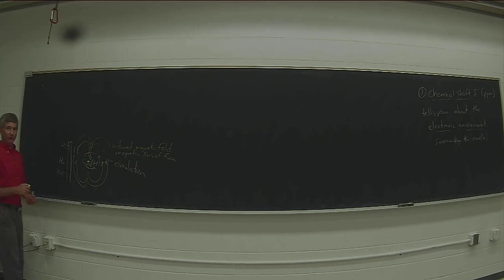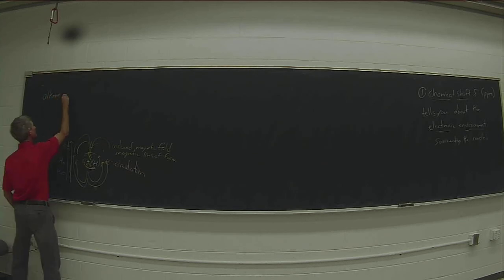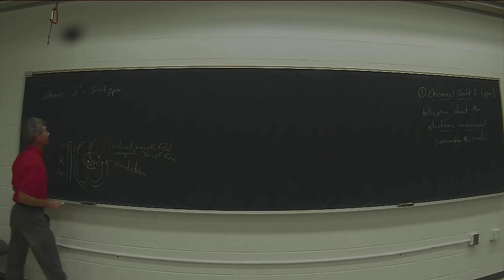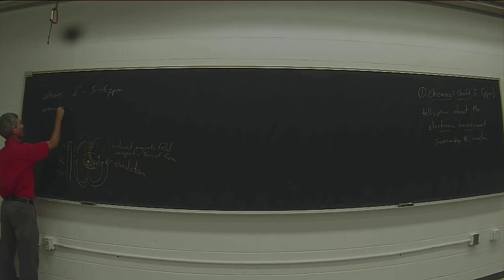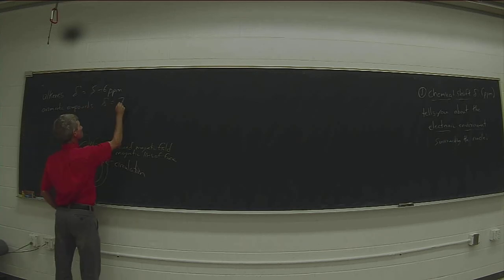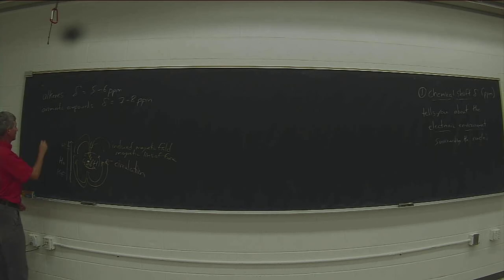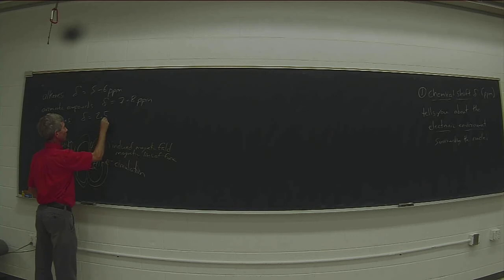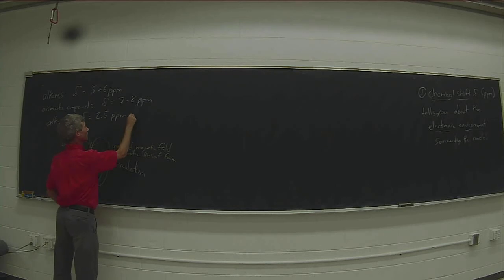So that explains the presence of the electronegative element, but it doesn't explain why alkenes show up even further downfield, between 5 and 6 parts per million, even though there are no electronegative elements, and aromatic compounds go still further downfield, usually between 7 and 8 parts per million, nor does it explain why alkynes behave quite differently from the other carbon-carbon pi bonds and have delta in the 2.5 ppm range-ish.